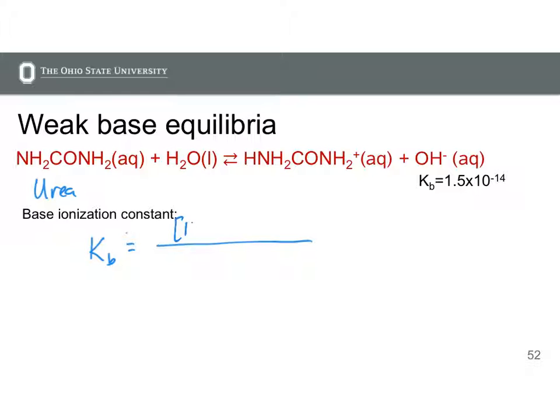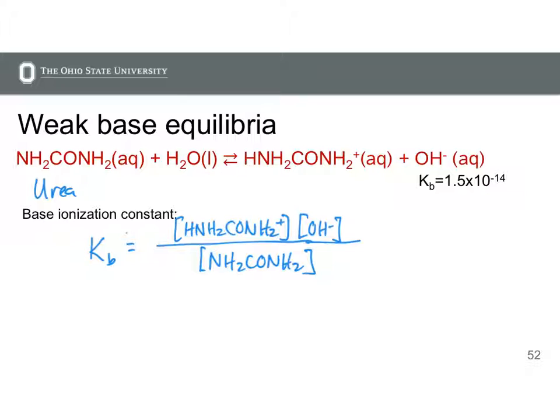So we'll have the concentration of the protonated urea, NH2CONH3 plus, times OH minus, divided by our urea, NH2CONH2. This is a Kb value of 1 times 10 to the minus 14.